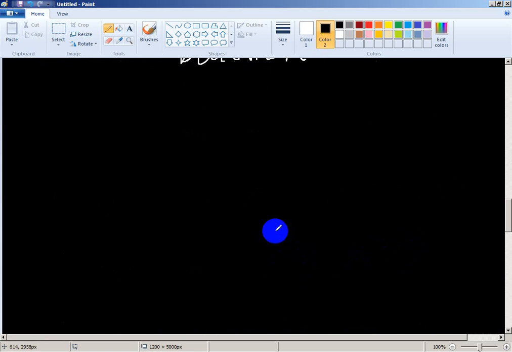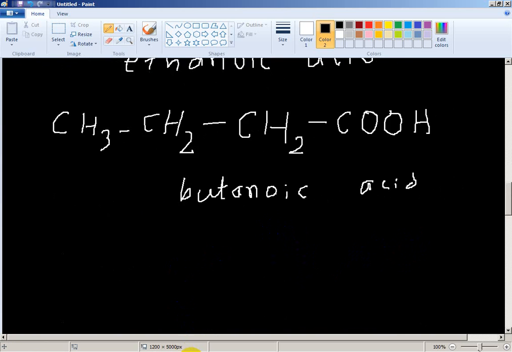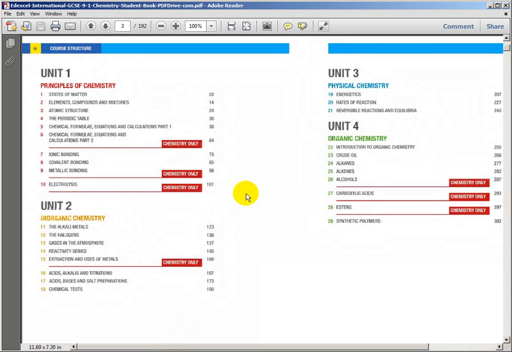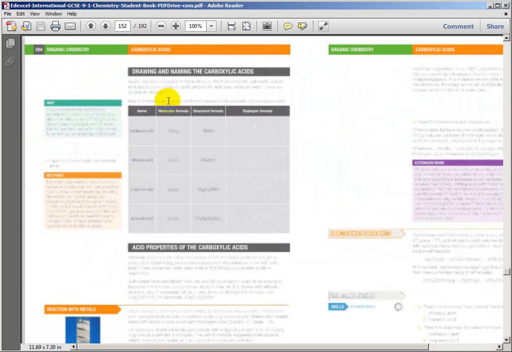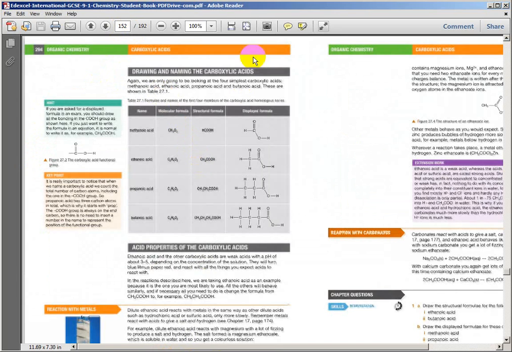Okay, so naming is done this way. Page number 158. Look there, how many carbon?